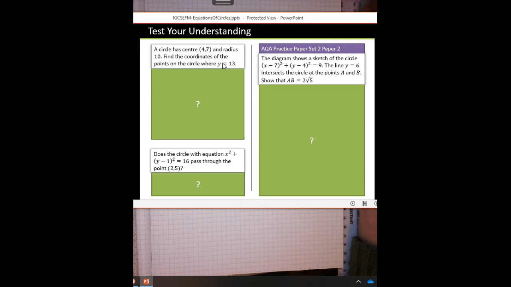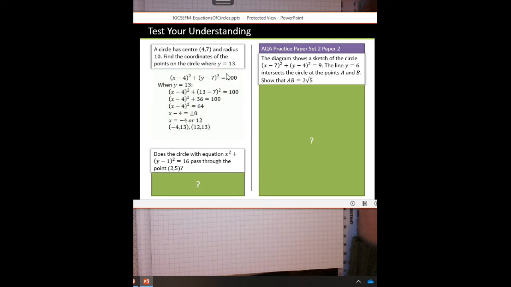So I do that by subbing in, what do I sub in? Yeah, I sub in y equals 6, 6 minus 4 is 2, 2 squared is 4. So I find the 2 x coordinates, and since they are on the same horizontal line, the distance AB is just the difference in x coordinates.